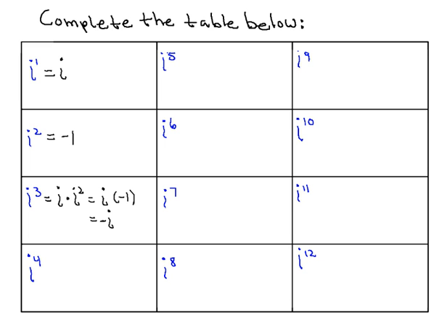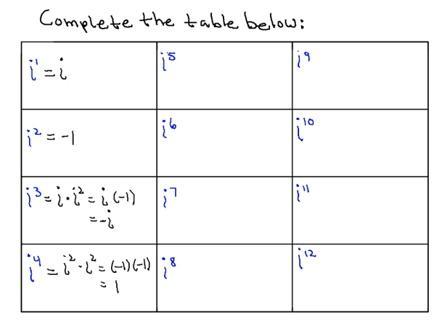Now moving on to i to the fourth, we could think of this as being the product of i squared and i squared, which would be equal to -1 times -1, or i to the fourth then will be equal to +1.